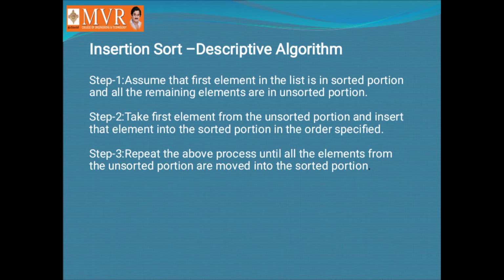In the second step, we compare our first position element with the second position element, and if they are in order then no swapping and we continue the process. If they are not in order then swap the two elements. Like that we continue till the end of the list or we get a sorted list. This is one of the simple sorting techniques.